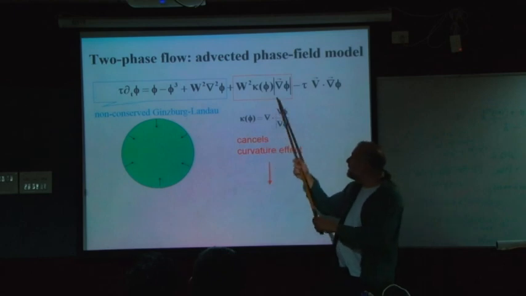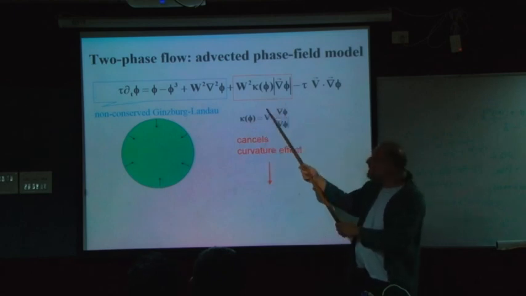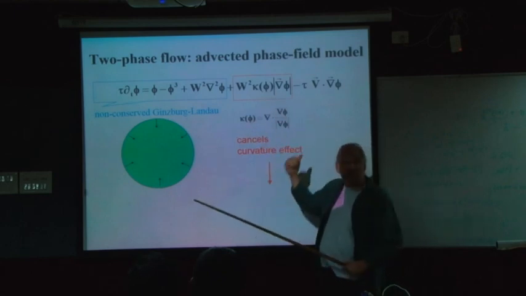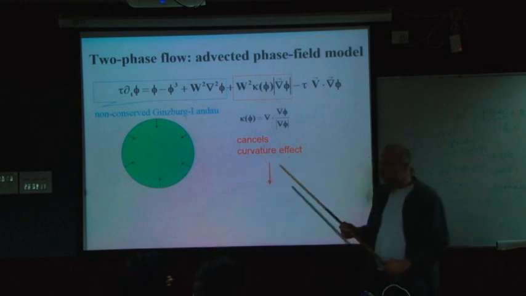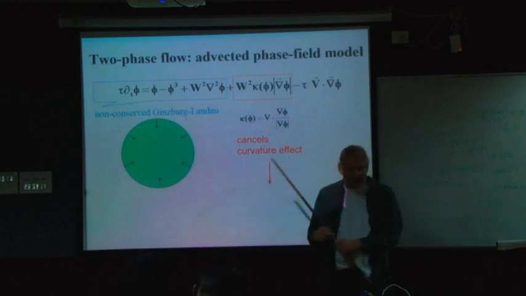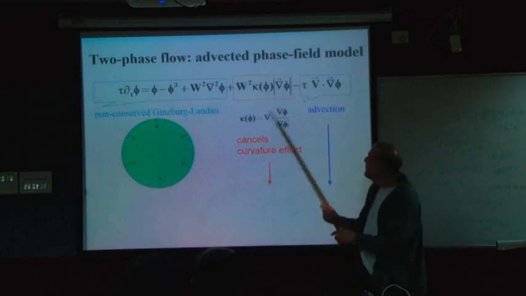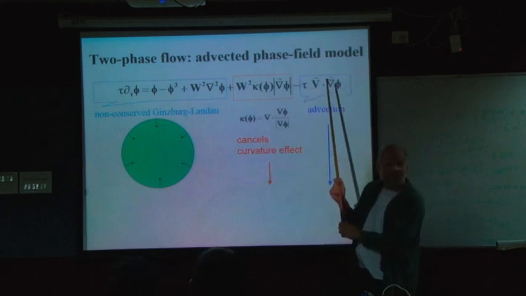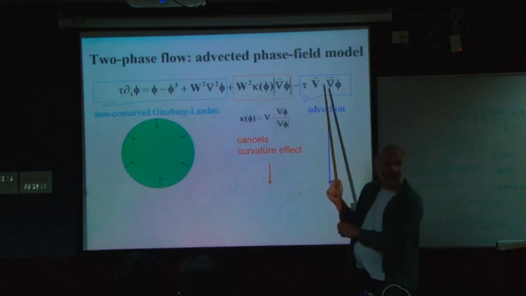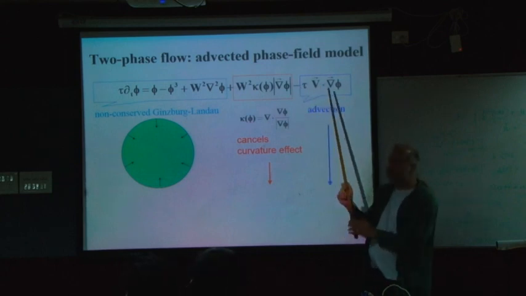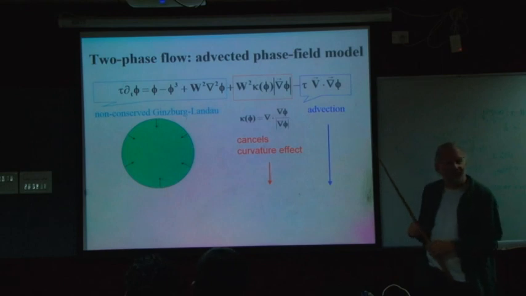Okay, so you can do the asymptotic calculation, and you will see that this actually pushes the interface outward. So it exactly counterbalances the curvature effect. And then the last term here, of course, V is the speed of the fluid. So this is just an advection term, which makes the interface transported with the fluid flow.